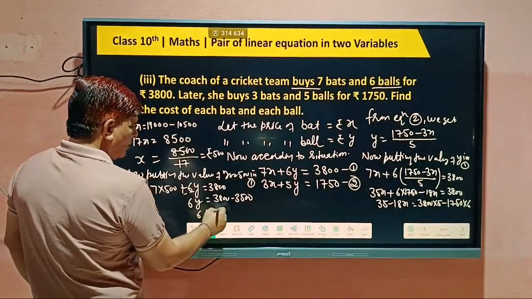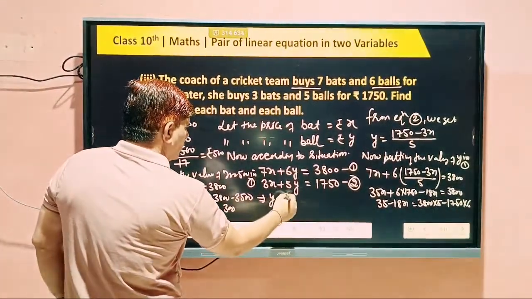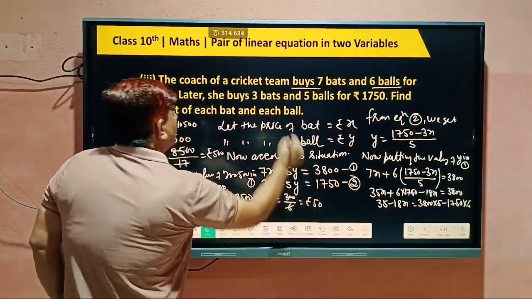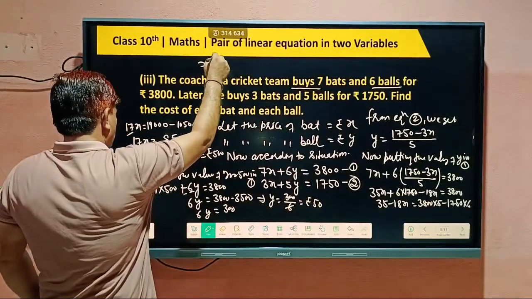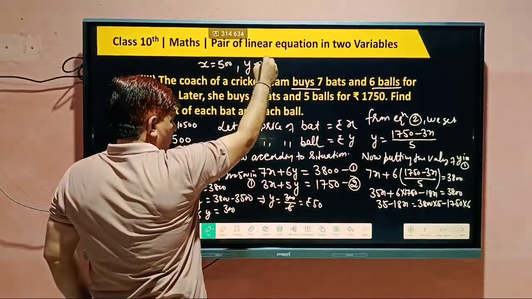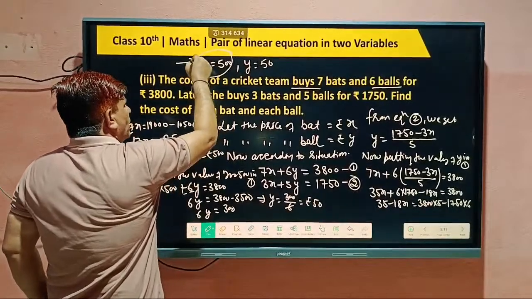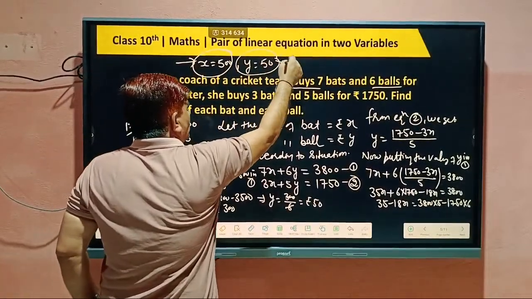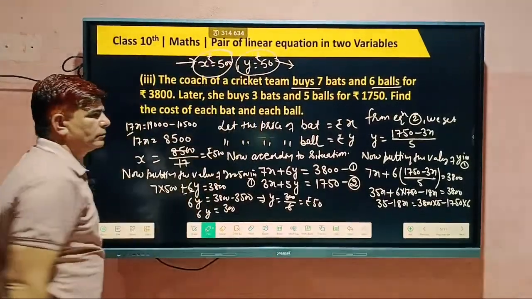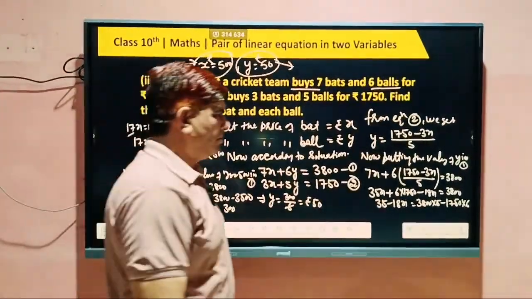So 6y is equal to how much? 300. So y equals 300 by 6, rupees 50. So x is 500 and y is 50. So the price of a bat is rupees 500 and the price of a ball is rupees 50. Got it? Simple calculation.